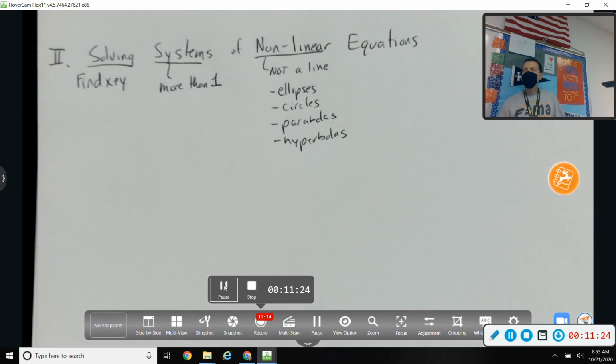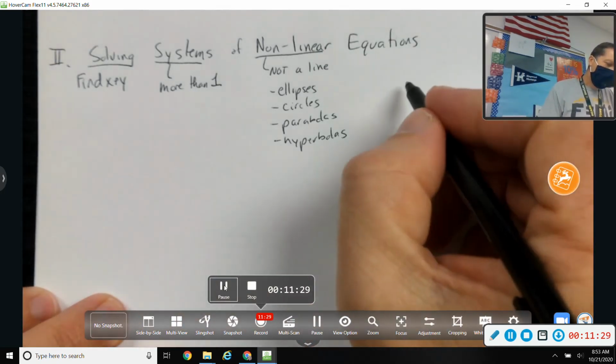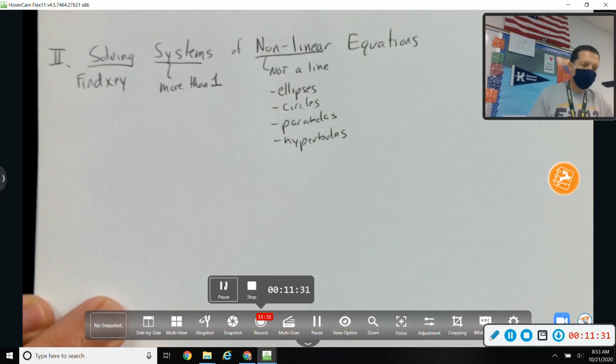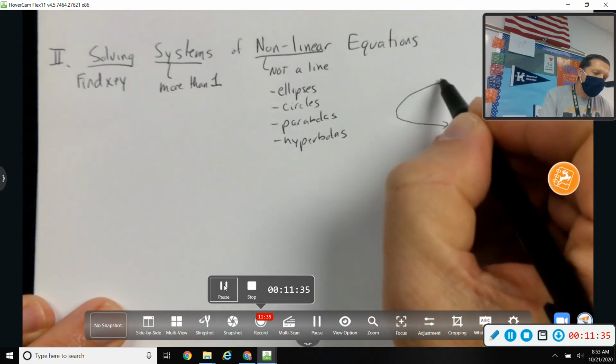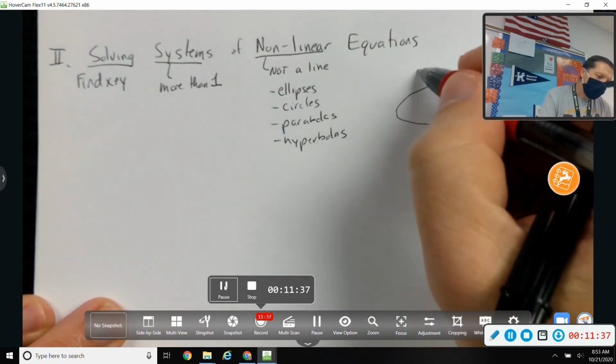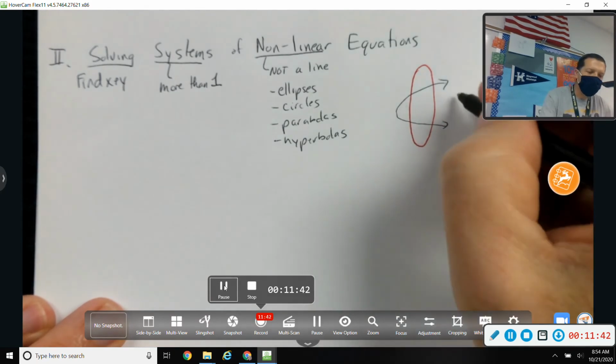So we're basically looking for their intersection. And we could have any number of answers. So you think about how a parabola might intersect an ellipse. We could have up to 4 answers.